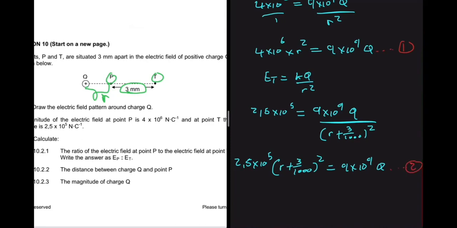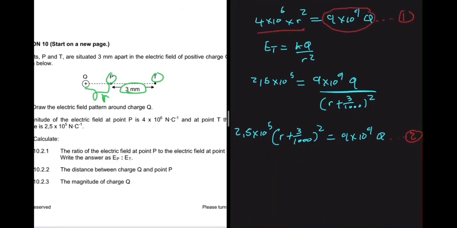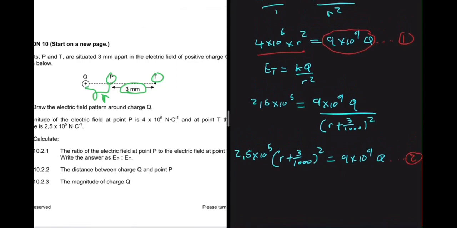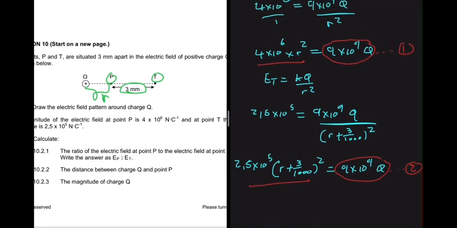So you can see that 9 times 10 to the 9 multiplied by Q is equals to this expression here. But then at the same time, 9 times 10 to the power of 9 multiplied by Q is equals to this expression here. So we can equate the 2 expressions. We're only going to have R as our variable, and we're going to try and solve that.